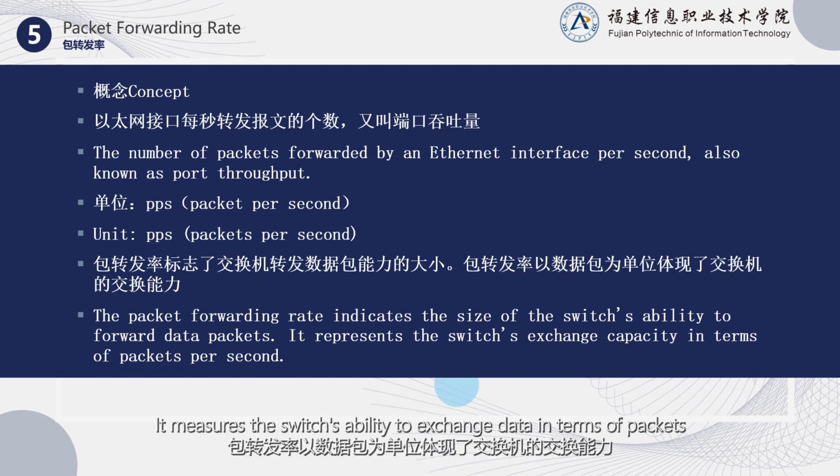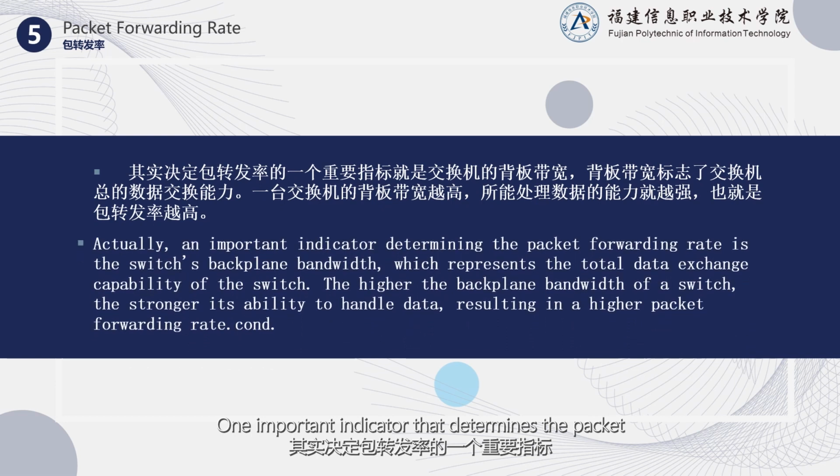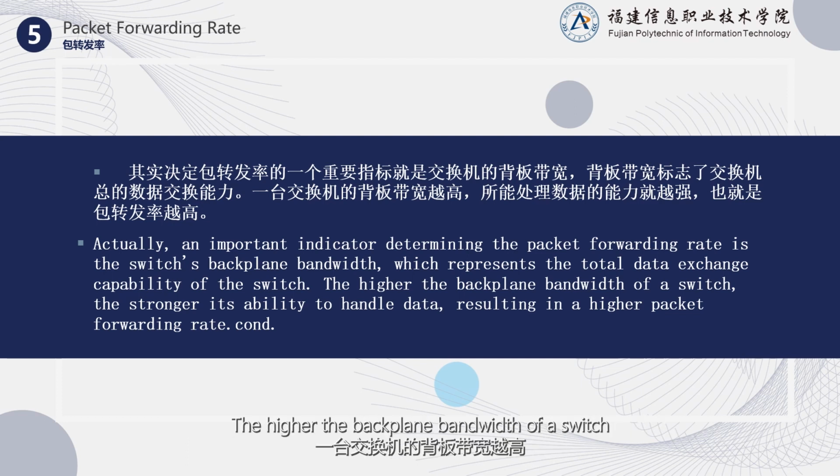It measures the switch's ability to exchange data in terms of packets. One important indicator that determines the packet forwarding rate is the switch's backplane bandwidth, which represents the total data exchange capability of the switch. The higher the backplane bandwidth of a switch, the stronger its data processing capacity, resulting in a higher packet forwarding rate.